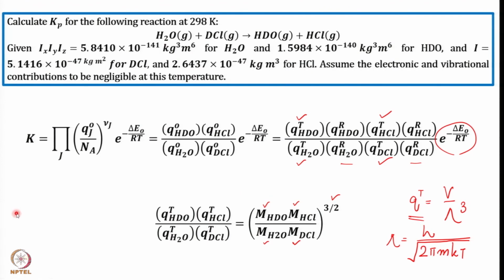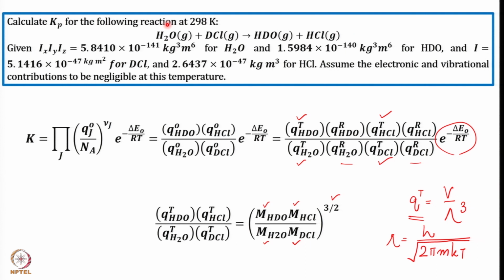Although we have discussed a similar question earlier, when we are dealing with this kind of question, remember that each one, for example H2O, is a nonlinear molecule. So the overall partition function can be a product of translational, rotational, vibrational, and electronic. Here you are given some respite, that is you ignore electronic and vibrational contributions. If this information were not given, you would have had to evaluate the electronic and vibrational contributions also.